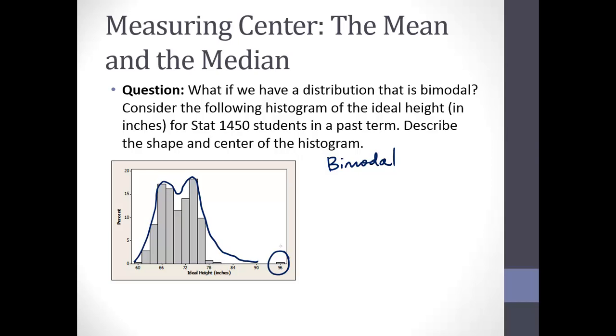So this is definitely an outlier going on out here. Okay, so we have a bimodal distribution that is fairly symmetric. If you ignore this outlier point, we'll say approximately symmetric.